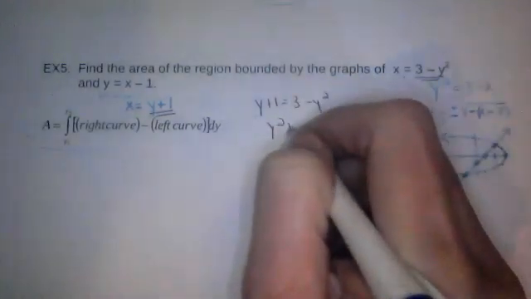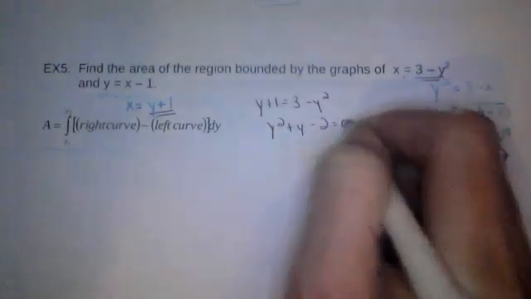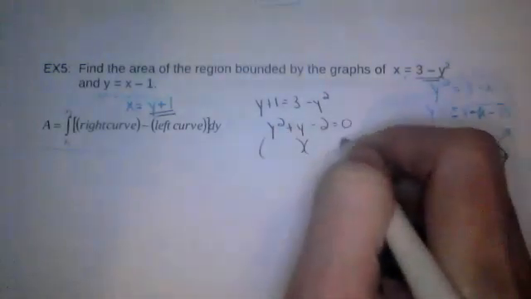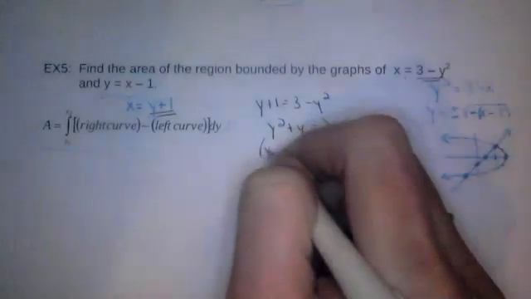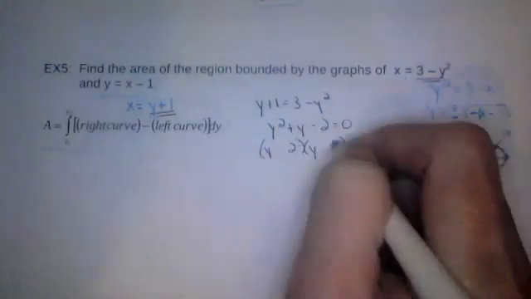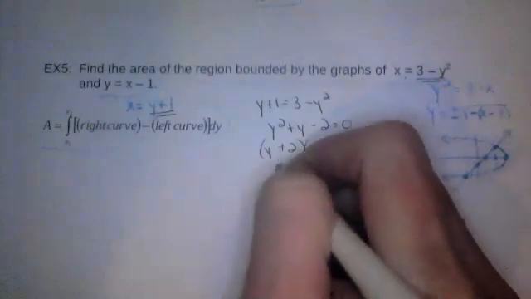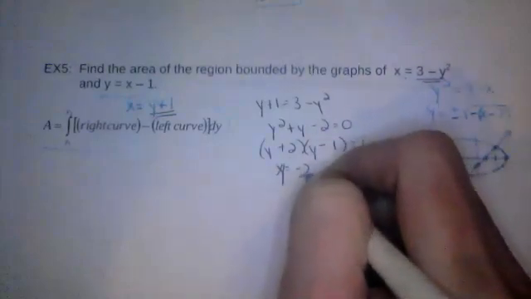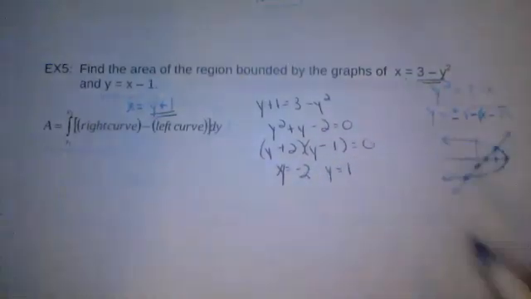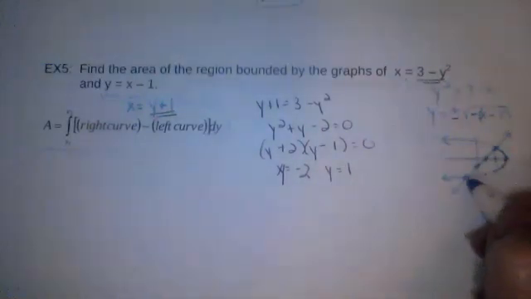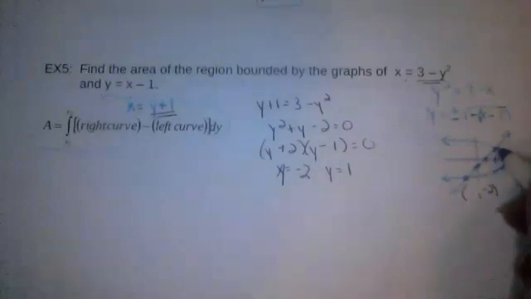So y squared plus y minus 2 equals 0. And then factor it out: (y plus 2)(y minus 1) equals 0, so y equals negative 2, y equals 1. So this is when y is negative 2. This is when y is 1.